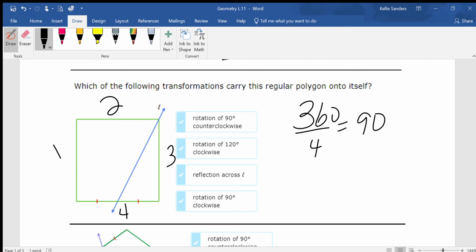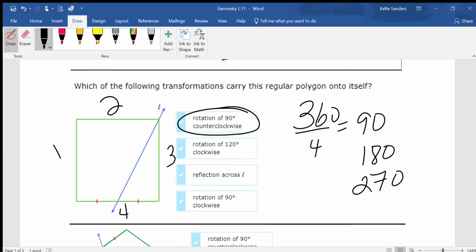Now what's a multiple of 90? 180, because 180 is two 90s, and that just means I rotated it twice. Or 270, which means I rotated it three 90 degree times. Okay, so a rotation of 90 degrees counterclockwise and a rotation of 90 degrees clockwise work.